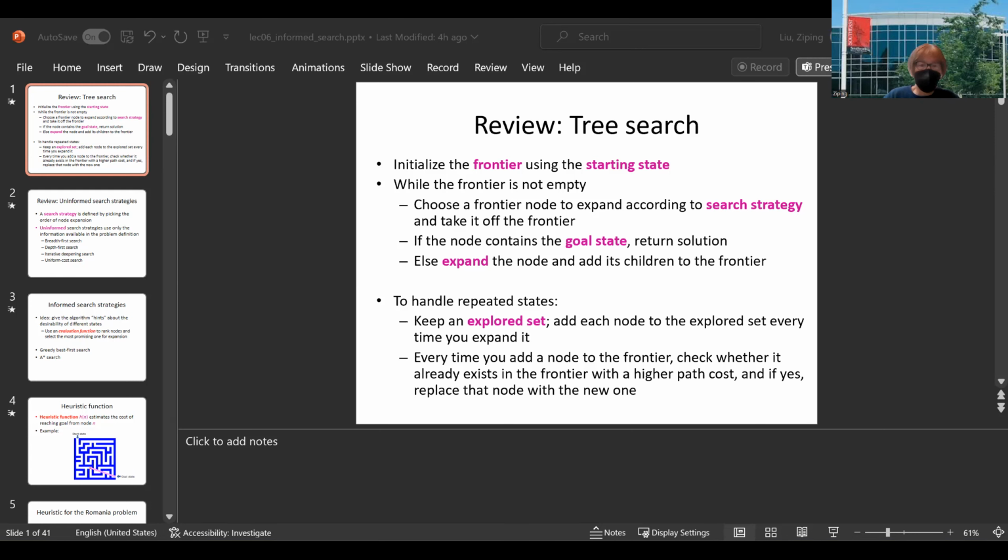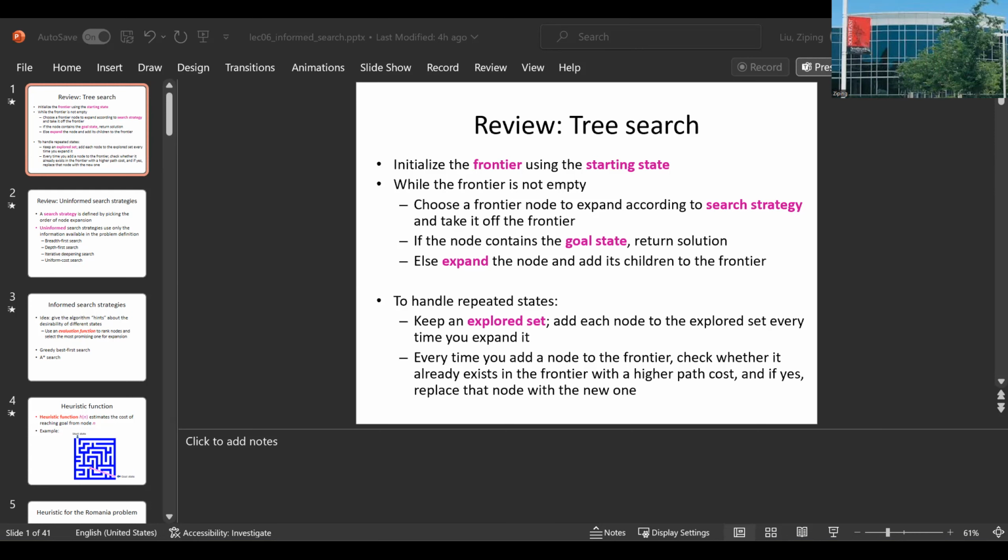We can go back here. It says the F value. What is F?